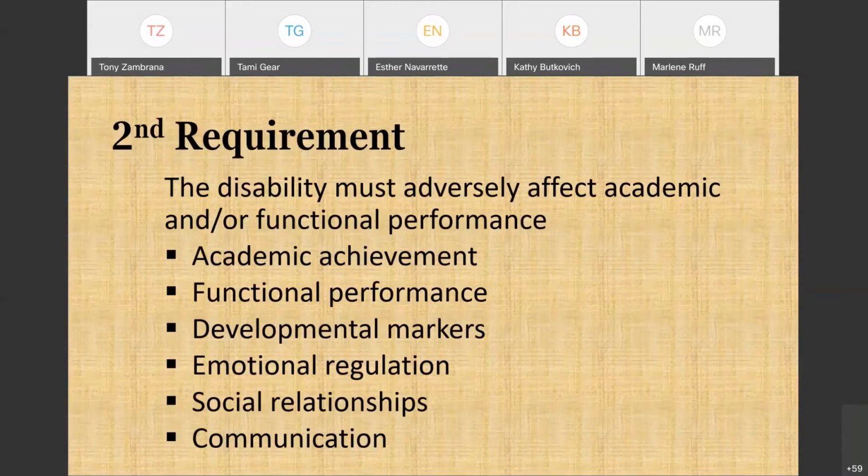But one of those has to affect academic or functional performance. Does that make sense? Yes, and then another statement is they have to meet all 3 prongs. Correct. Okay. Correct. Very good. Okay.